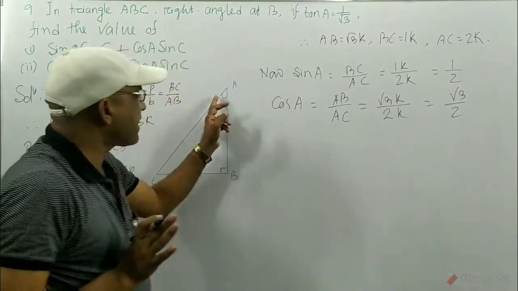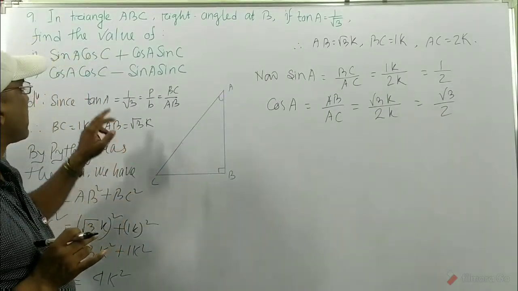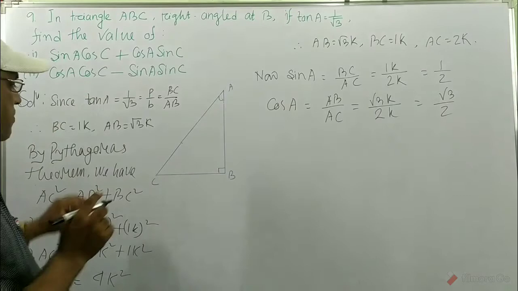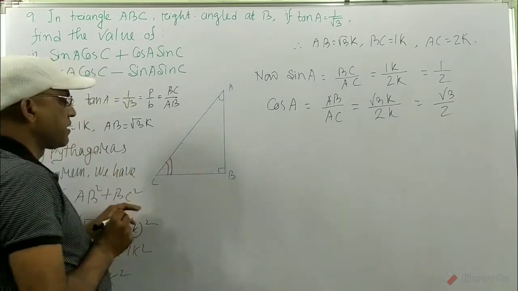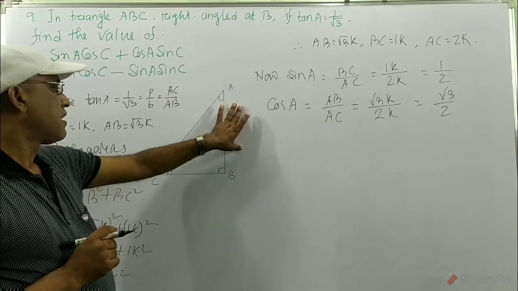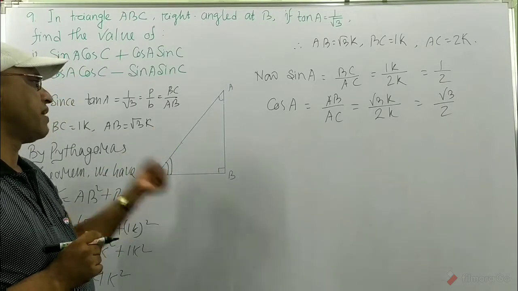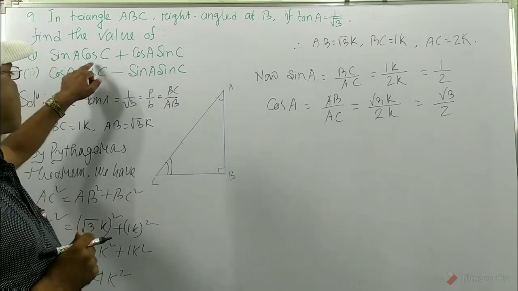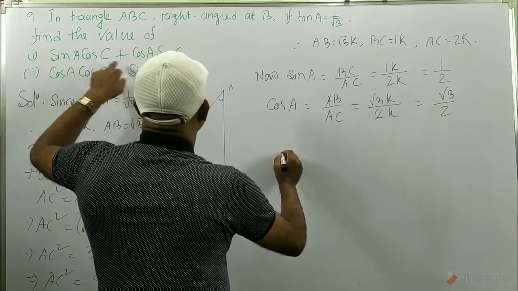At a time we consider this angle. Now we have to find angle C. If we consider angle C, then this will be the perpendicular, this is 90 degrees, this is the hypotenuse, and the remaining is the base. Now you have to find sin C first.